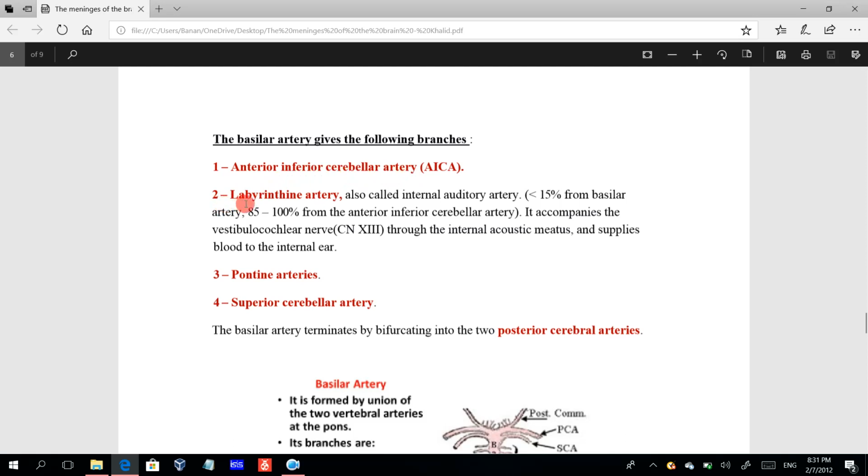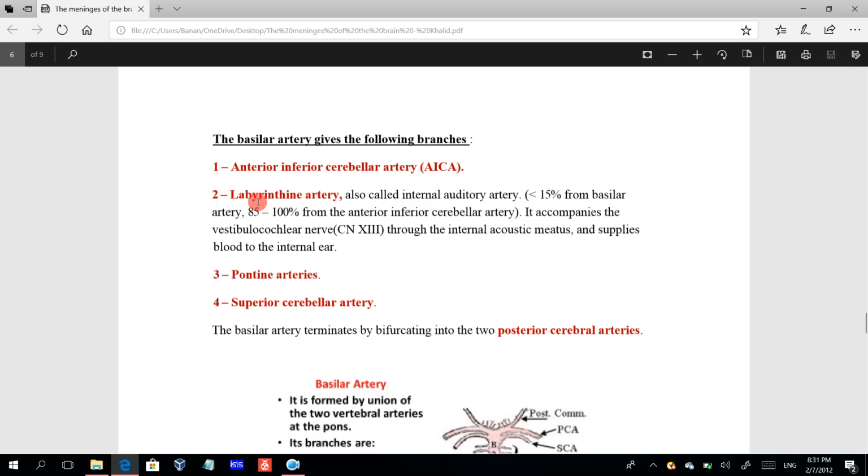The second branch is the labyrinthine artery. The labyrinthine system is present in the inner ear. You know the ear anatomy: we have the external ear, the middle ear, and the inner ear, which contains the cochlea and the labyrinthine system.